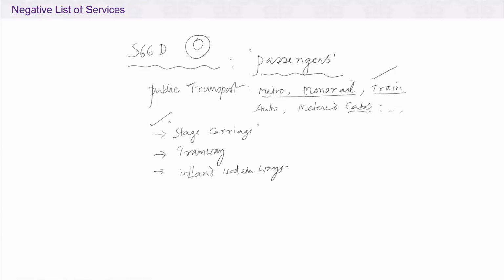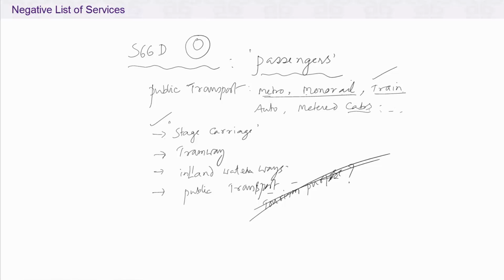Next, public transport other than for tourism purpose. Public transport, but those used for tourism purpose, no. If it is tourism purpose, it is not exempt.